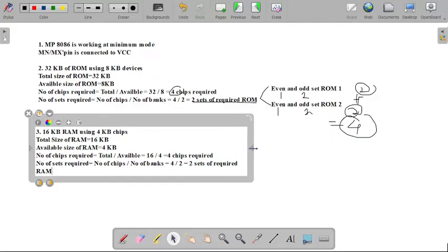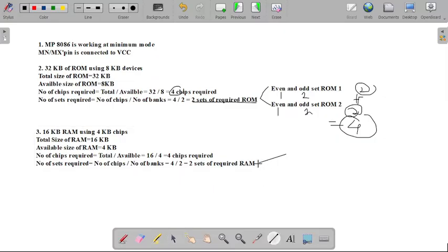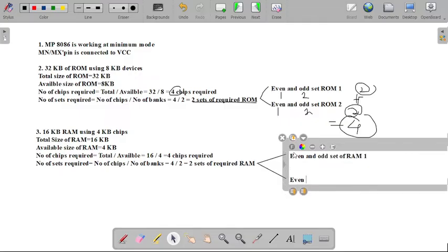So again, whenever we require 2 sets of RAM, that time we are finding here the even and odd set of our bank. That is the even and odd set of our RAM 1, and here the even and odd set of our RAM 2.